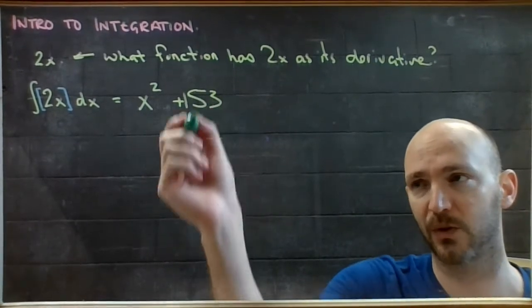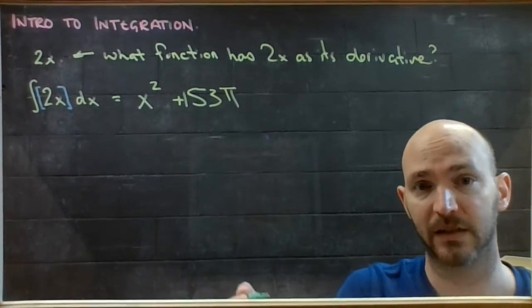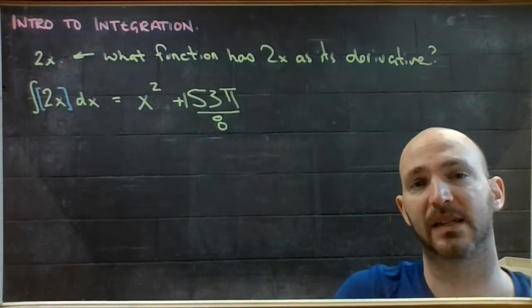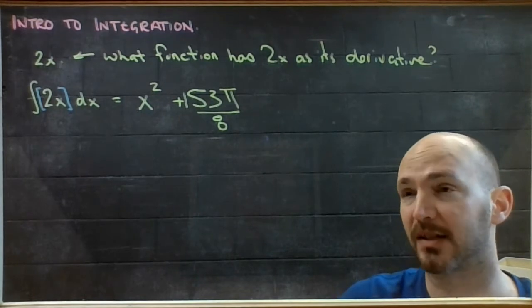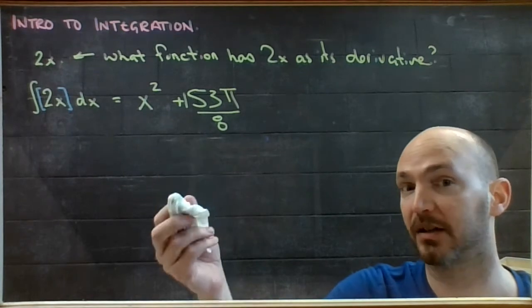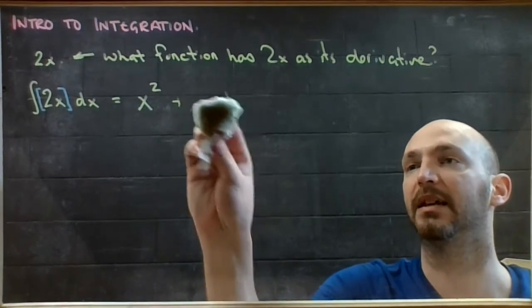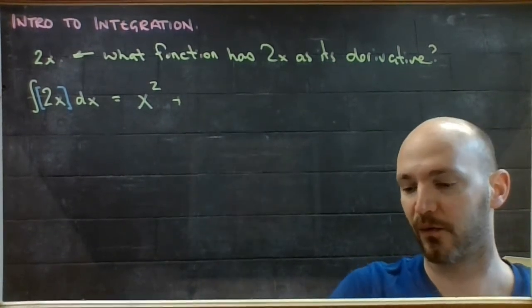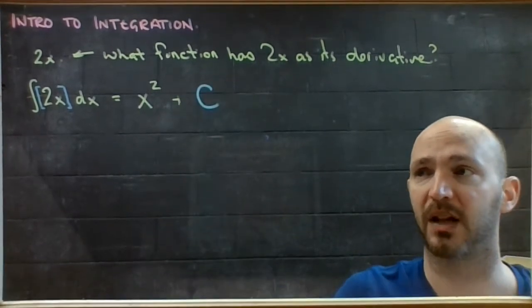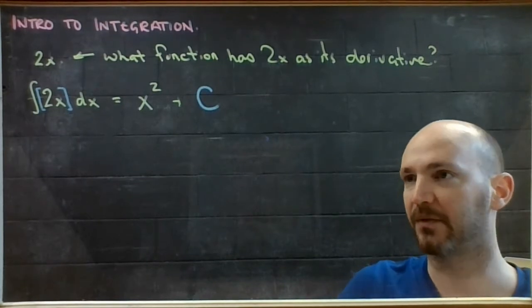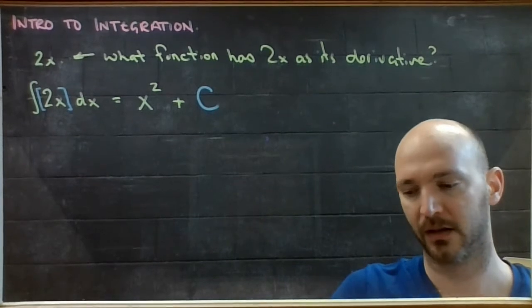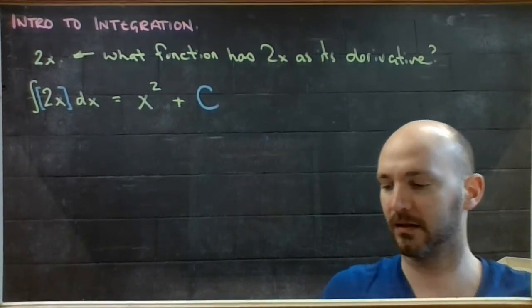It would also be true if it was 153 pi, or 153 pi over 8. Right? It doesn't matter what this thing is back here, as long as it's just a number. So what I'm going to write in there is, instead of picking a number at random, I'm going to put in a little placeholder for a constant, just some number. So plus c. Let me fix my plus sign there.